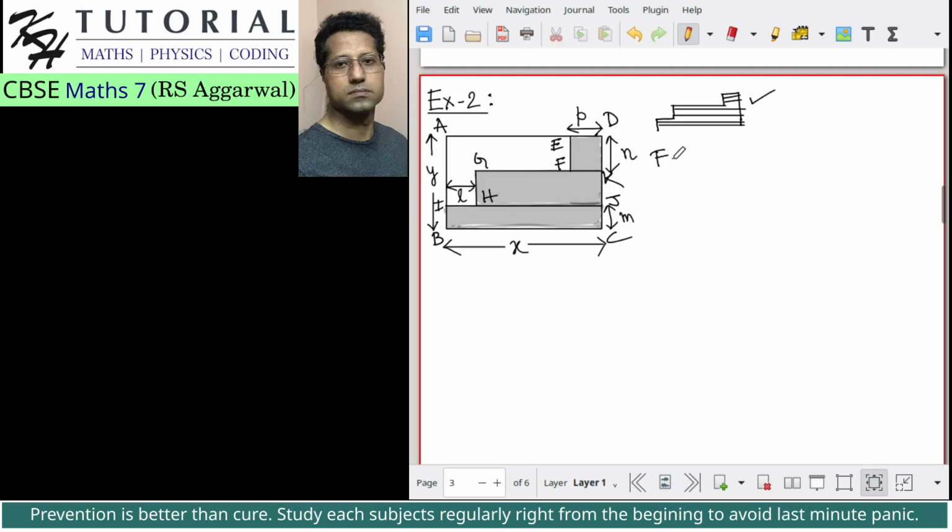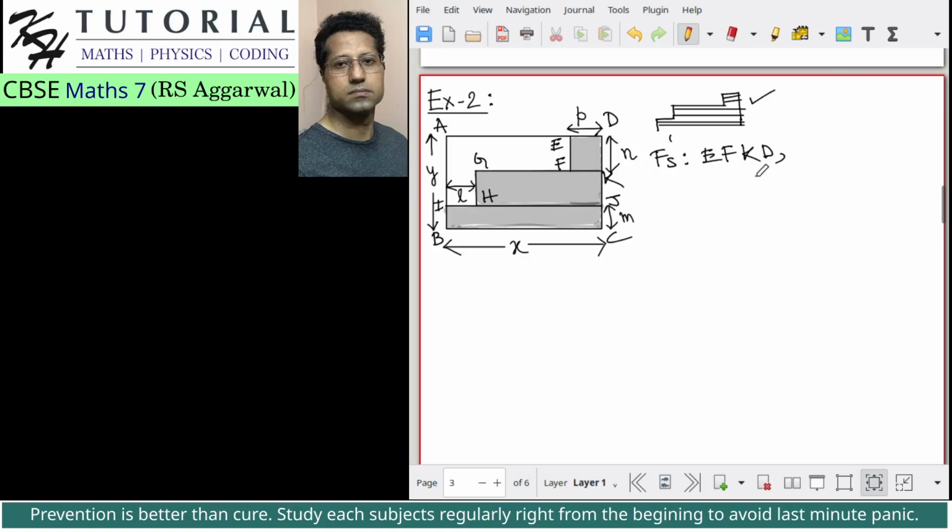The figures F's will be, let's say, the rectangle EFKD, and I'm trying to divide the entire region into rectangles or squares so that they do not have any overlapping regions or overlapping sub-areas.